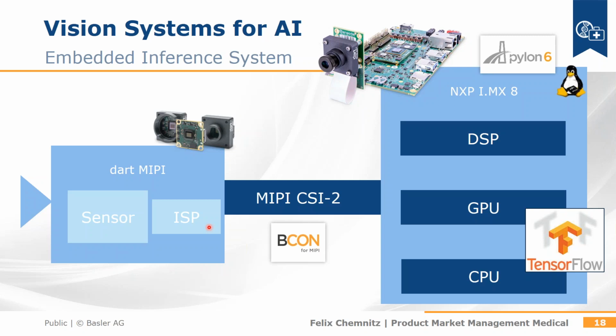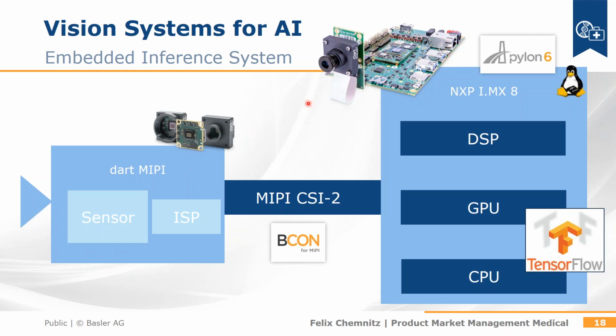So the image data is grabbed in RAW, and you will pre-process it in the image signal processing pipeline, and it will transfer via the MIPI CSI2 interface to, in this case, an NXP i.MX8 board, the pre-processed image, which means if you have, as I said, the color image, it will do the debayering directly on the camera. It will do sharpness enhancement if you want, and different other image enhancement algorithms are directly available on the camera side.